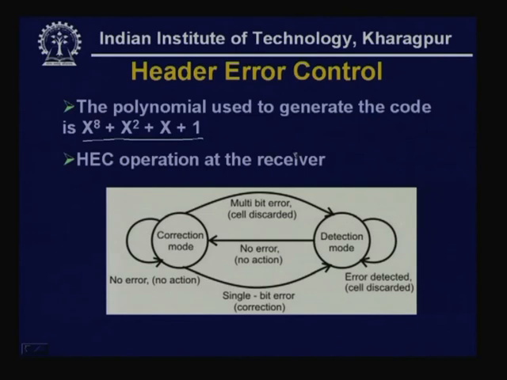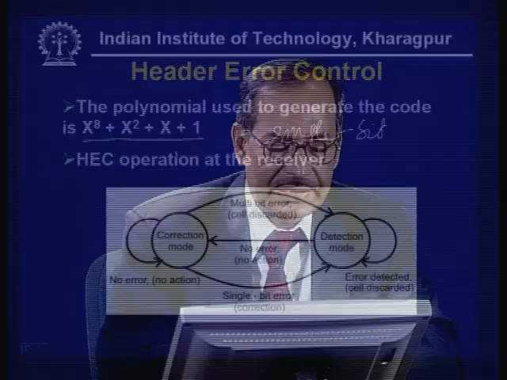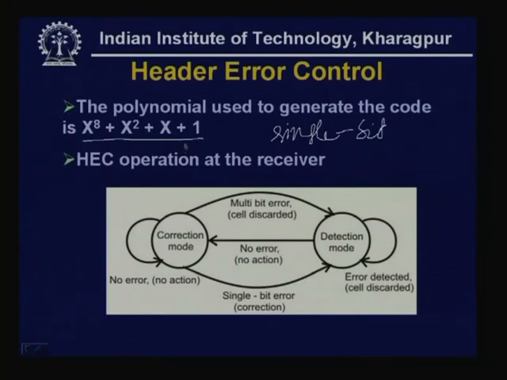Whenever you have a single bit error, it can be corrected, and then it goes to the detection mode. On the other hand, whenever a multi-bit error is detected, the cell is discarded because it cannot be corrected. That means each switch does the error checking. So, it will have some overhead, although it is done by hardware, and whenever there is a single bit error, it can be corrected because it uses 8 bits for error correction, and it does the error correction only for the header part.